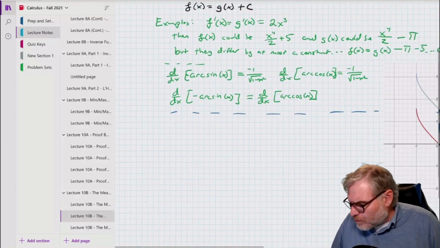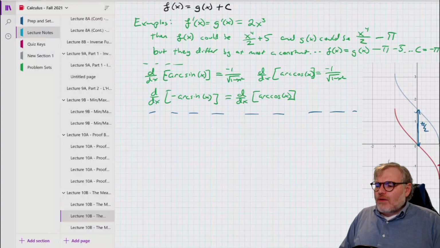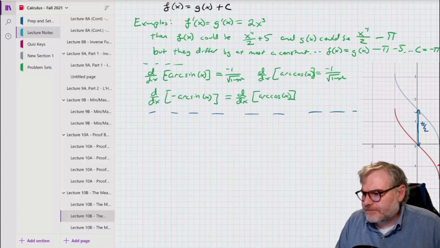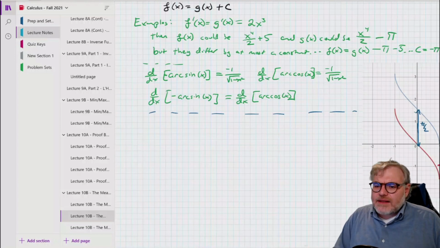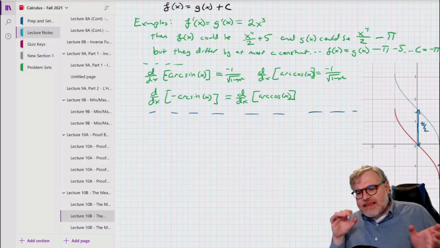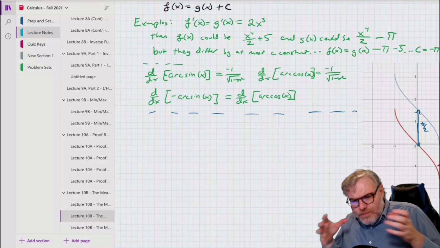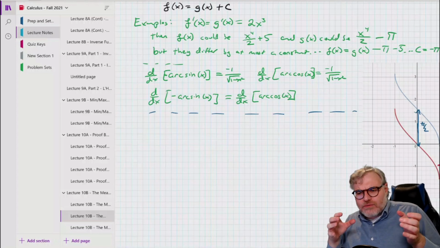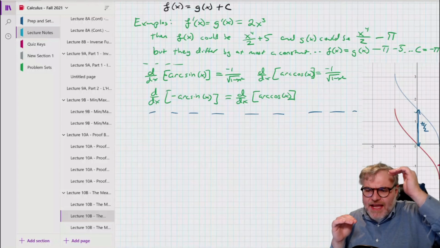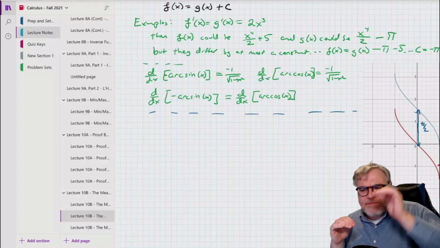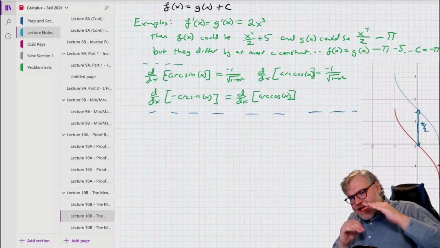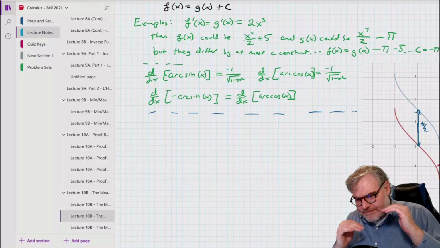So how do we prove this? Well, we're going to assume otherwise, like we did before. If we assume otherwise, that means there exist two points where they shift by different amounts, so that f of a minus g of a and f of b minus g of b aren't equal to each other. If there's not some constant c, that means there are two points where they're different.